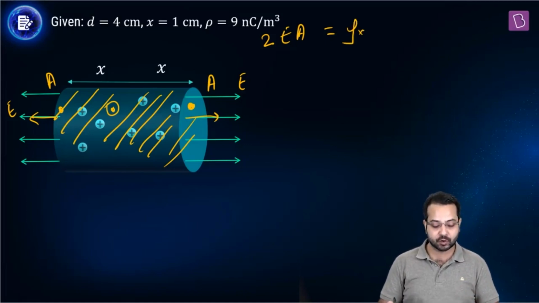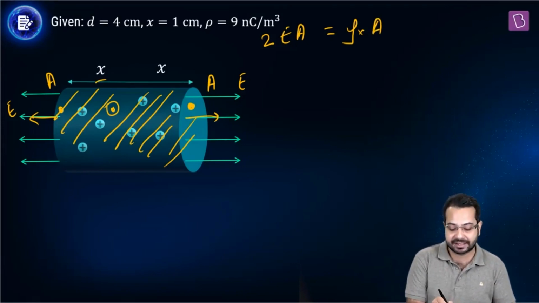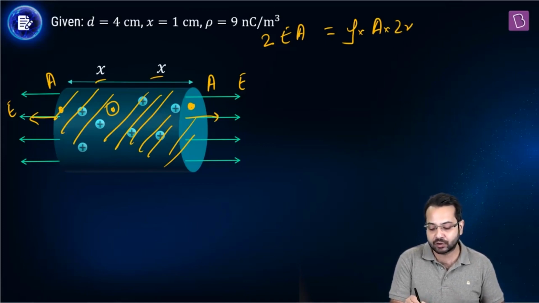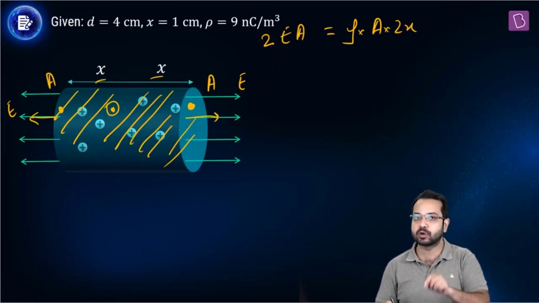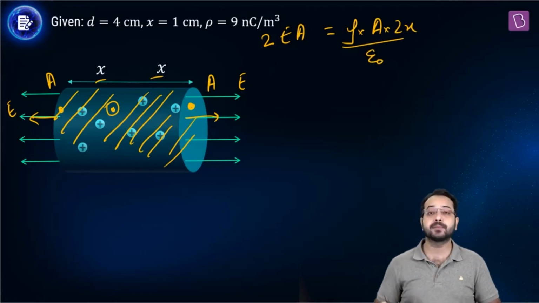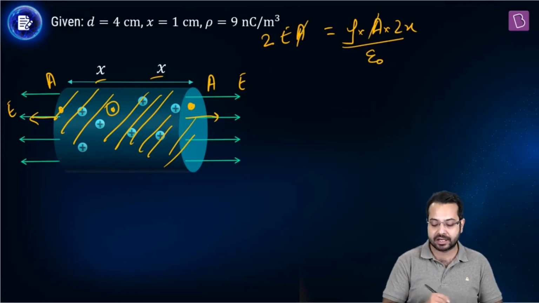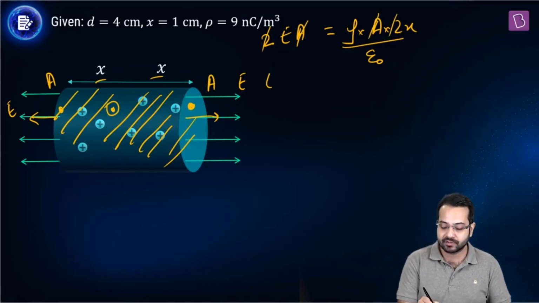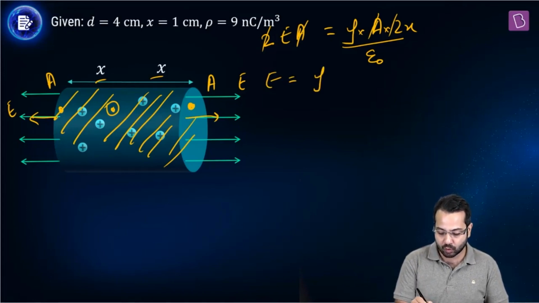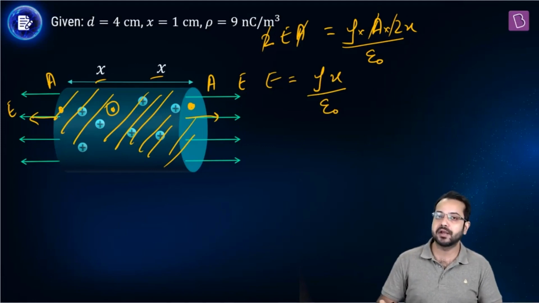The volume here is going to be the area of cross section into the length. What is the length? The length is 2x. So A into 2x. So the total flux is equal to Q inside upon epsilon naught. So this A and this A gone, this 2 and this 2 gone. So E is equal to rho x upon epsilon naught. Alright, that is my result.